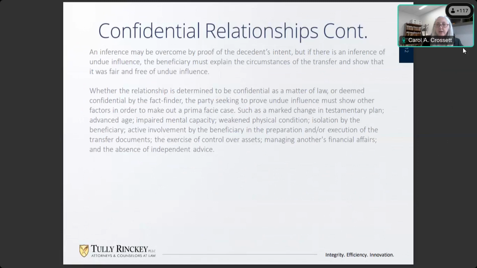That is often seen, and then the beneficiary is normally involved in the estate planning or managing the financial affairs, and there is an absence of independent advice.